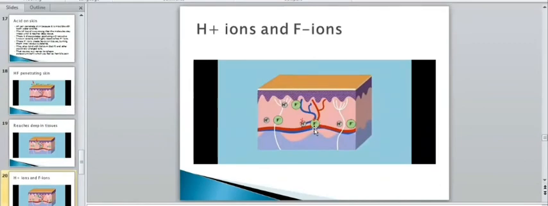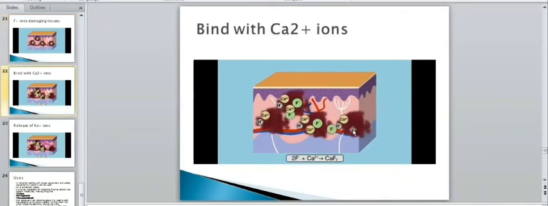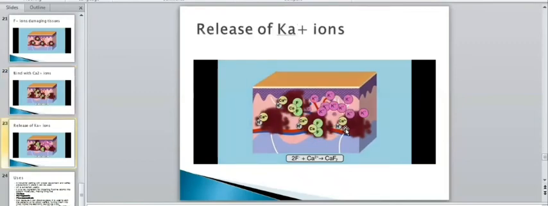As you can see, it has made ions, fluorine negative ions and hydrogen positive ions. Now, fluorine negative ions are damaging tissues. As I said, it creates havoc in the tissues, and the fluorine ions react with calcium and other positive ions, which causes our nerves to produce potassium. And the release of potassium is very painful to our skin.